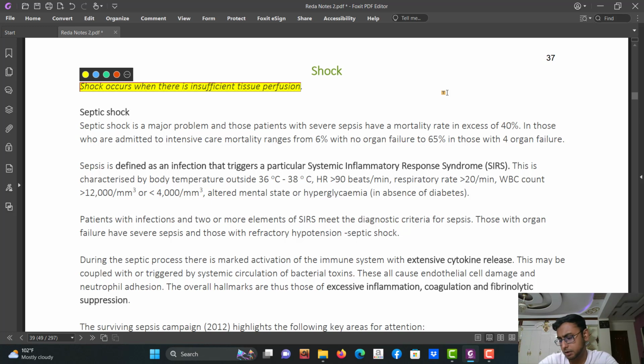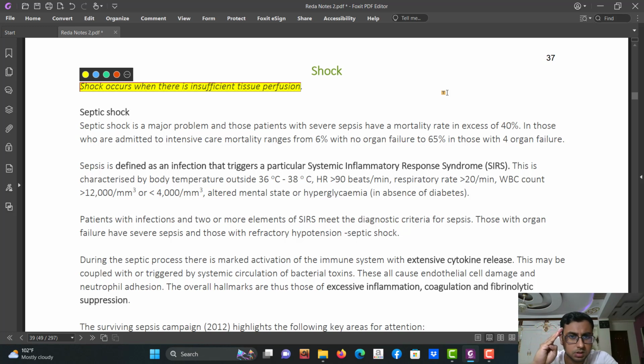If it is related to blood volume, then that is another kind of shock. If there are neurogenic problems or obstructive problems of blood flow, that can cause another kind of shock. So classification of shock is very important. Another one is infection related, that is septic shock.